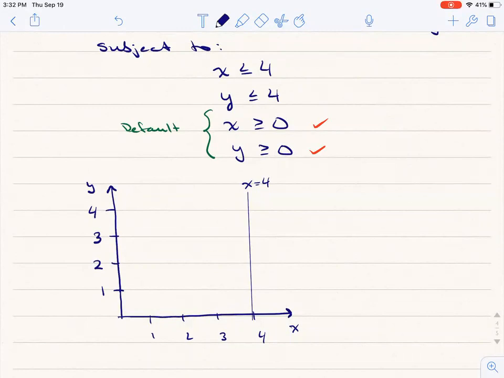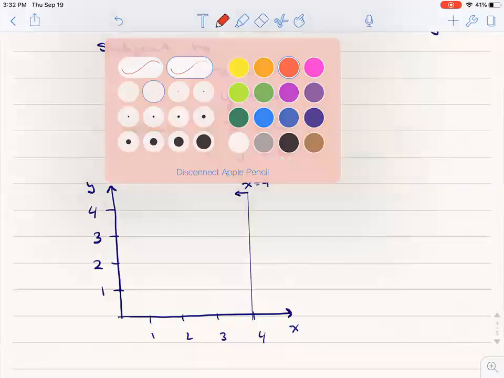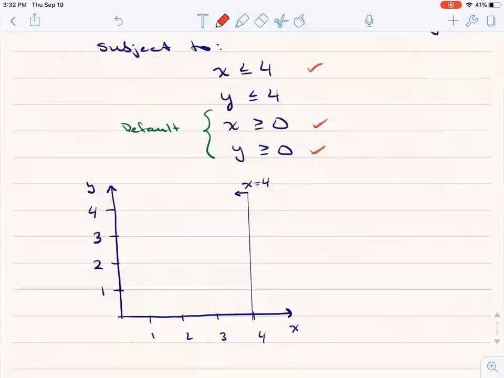And so what I'm going to do is I just draw a little arrow to the left saying, hey, everything on this side is good, right? Satisfies our restrictions. So that's that one on there. Same thing with y has to be less than or equal to 4. Notice that I'm treating it as an equal sign and then figuring out which area it's talking about, right?